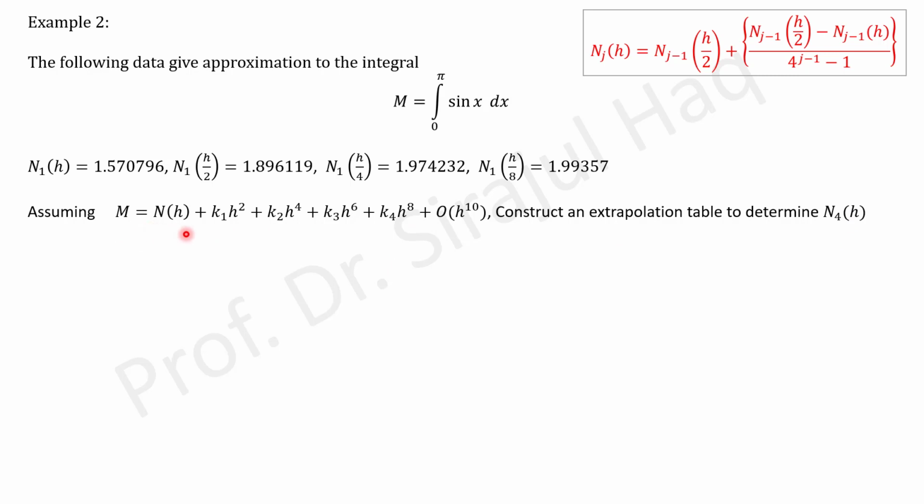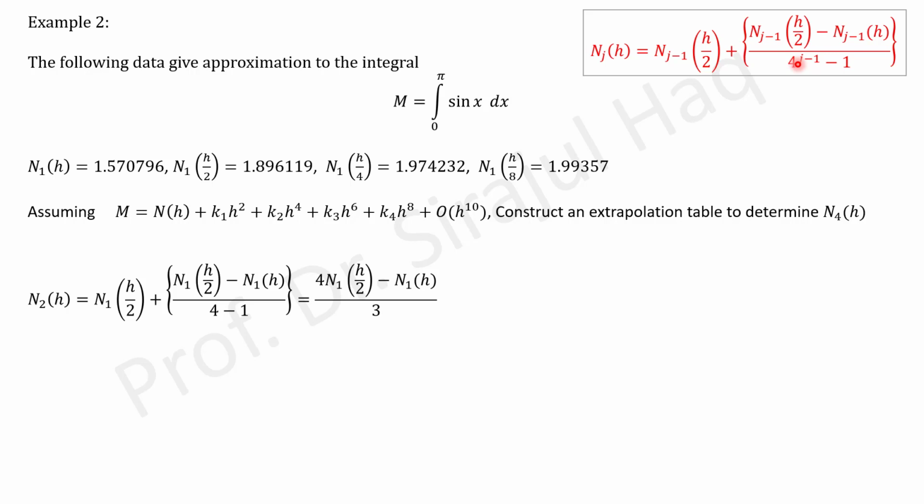If I'm saying that approximation is k1h plus k2h square plus k3h cube, then remember you have to use 2 here, not 4, because that is the requirement of the Richardson extrapolation. And when you replace j by 2, you are getting 4 raised to the power 1, so this is 4 minus 1, which is 3.